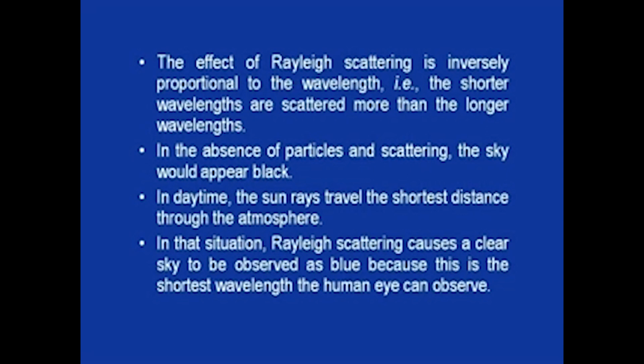In the daytime, the sun rays travel the shortest distance through the atmosphere. In that situation, Rayleigh scattering causes a clear sky to be observed as blue, because this is the shortest wavelength that the human eye can observe.